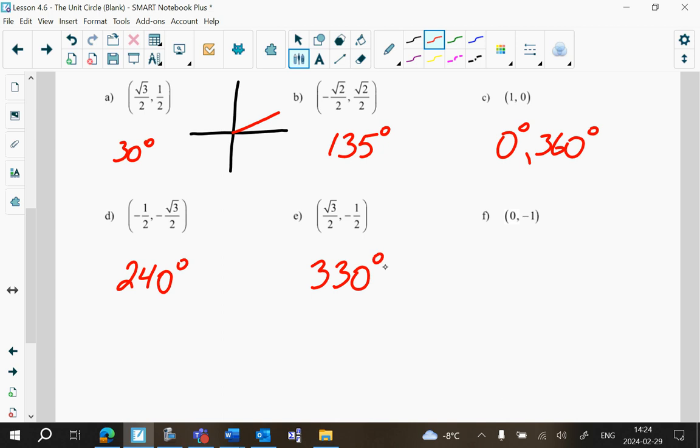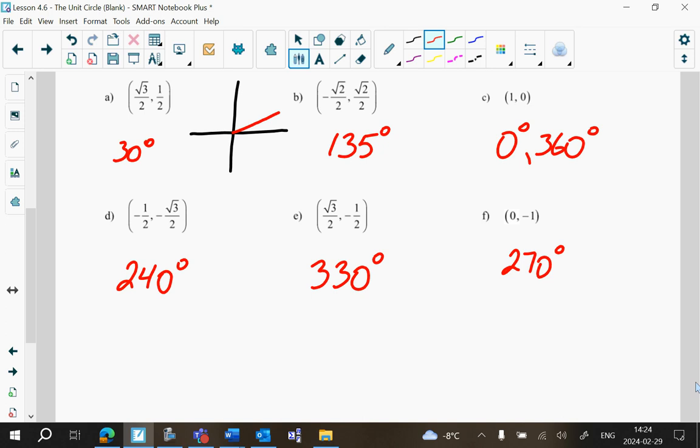And the zeros, ones, and negative ones, we know which ones those are. That one is 180. Should be 270. 180 is negative 1 comma 0. Good.